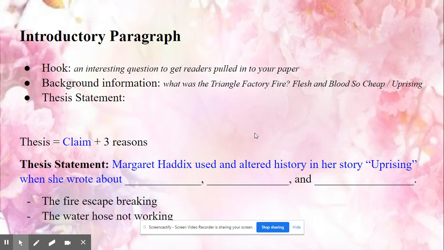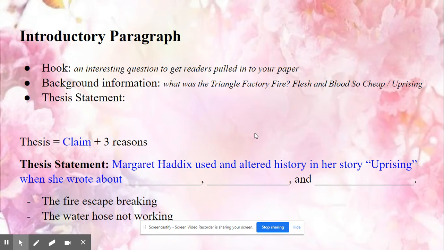Margaret Haddix used and altered history in her story, Uprising, when she wrote about the fire escape breaking, the water hose not working, and the elevator rescuing the girls from the fire. I just made the third one up on the spot because I don't have a third one listed, but I am sure that you do in your graphic organizer.